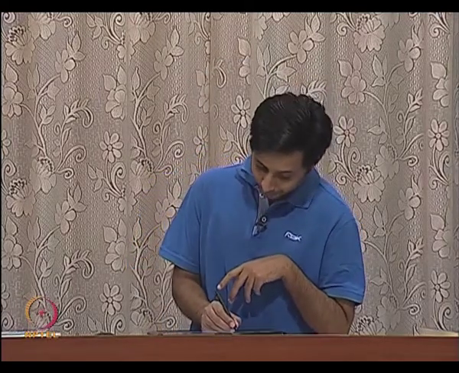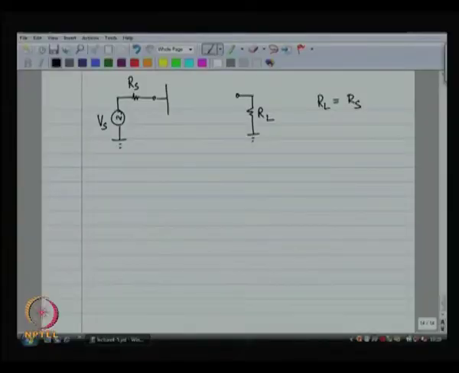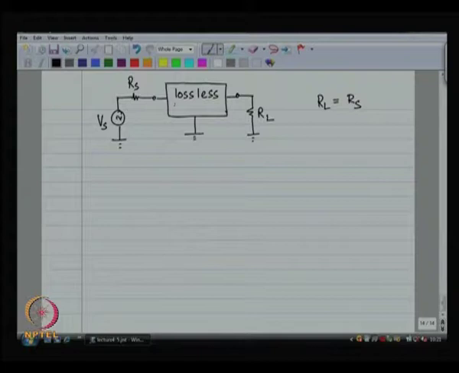what we could do is conceive of a network in between. This network is made purely out of lossless elements. What do you mean by lossless elements?